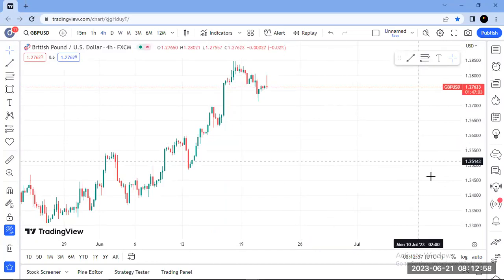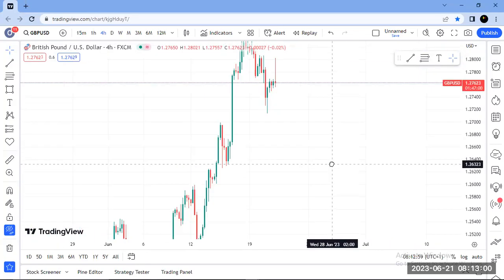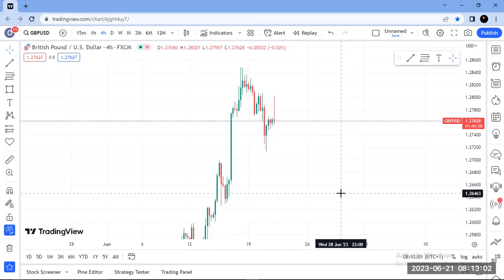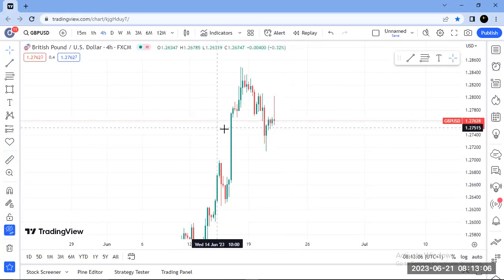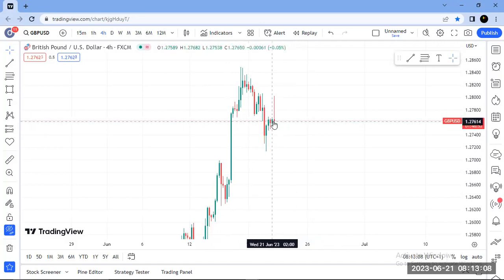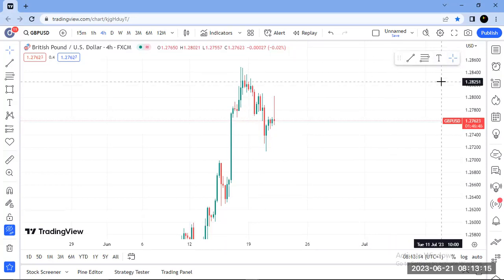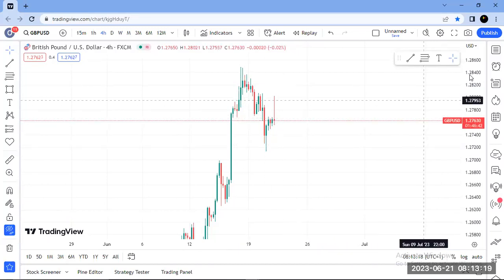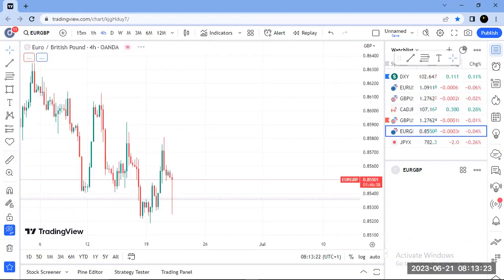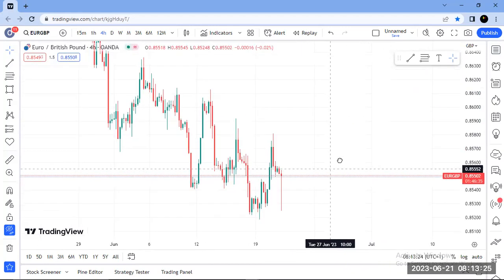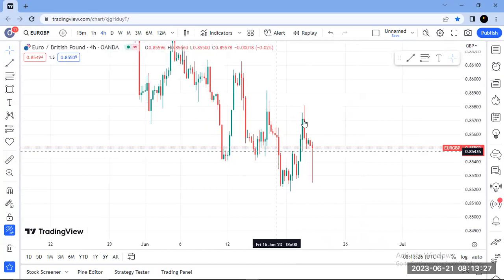you are going to know that we experienced this rally in price. We experienced this rally in price, and you did not see the rally in the Euro USD. Does not mean that it was just random. No. If you check the Euro GBP, there is a correlation between Euro USD, GBP USD, and the Euro GBP.